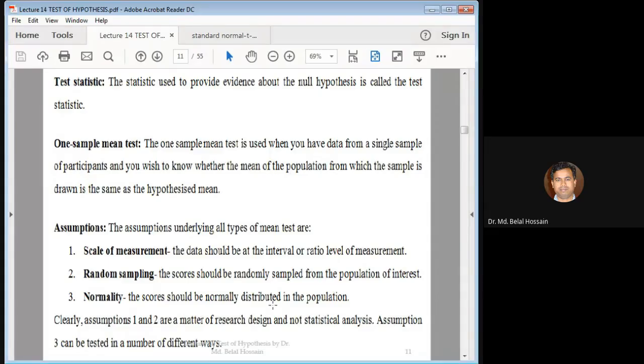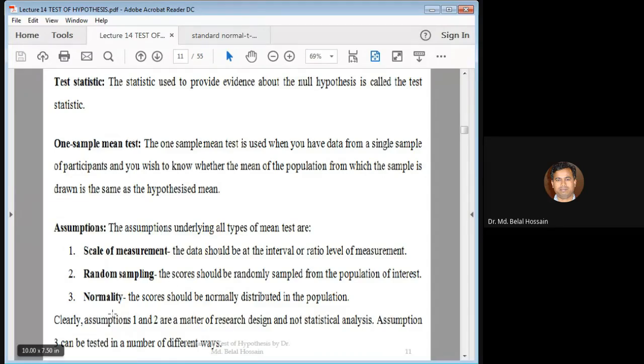So you will see that in almost all the tests like Z test, T test, chi-square test, and F test, this normality assumption is very crucial. If this normality condition holds, we call this parametric test. Okay, so these four test statistics are known as parametric tests.